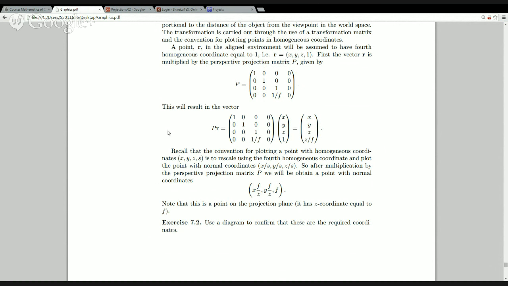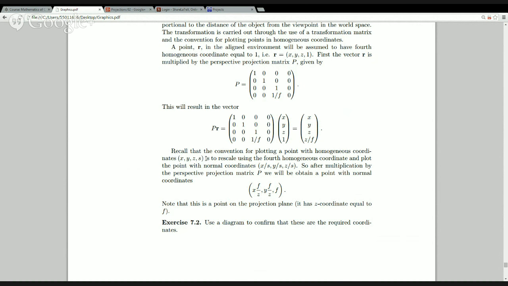But if it isn't, this was the convention we introduced: if you have a set of homogeneous coordinates x, y, z, s, where s isn't 1, the point in 3 dimensions that that set of homogeneous coordinates corresponds to is the point with x, y, and z coordinates which have each been rescaled by s, so divided by that fourth scalar homogeneous coordinate.